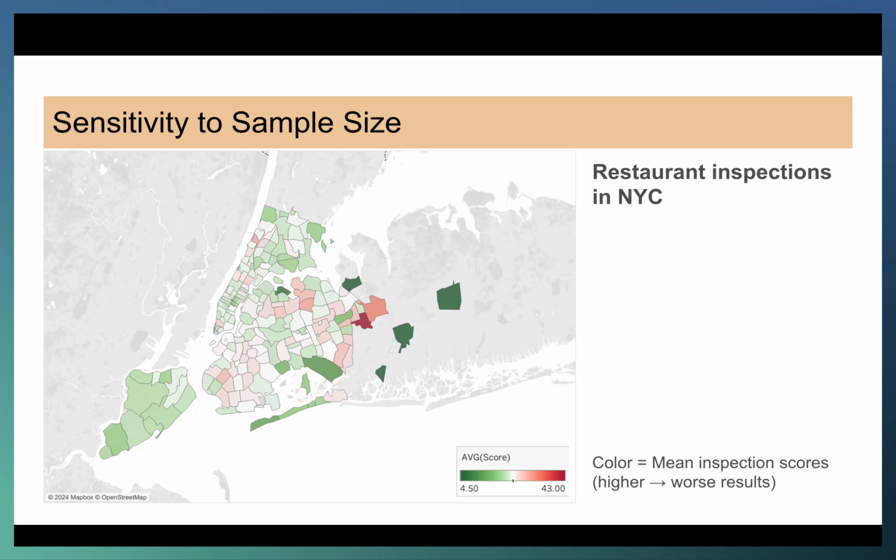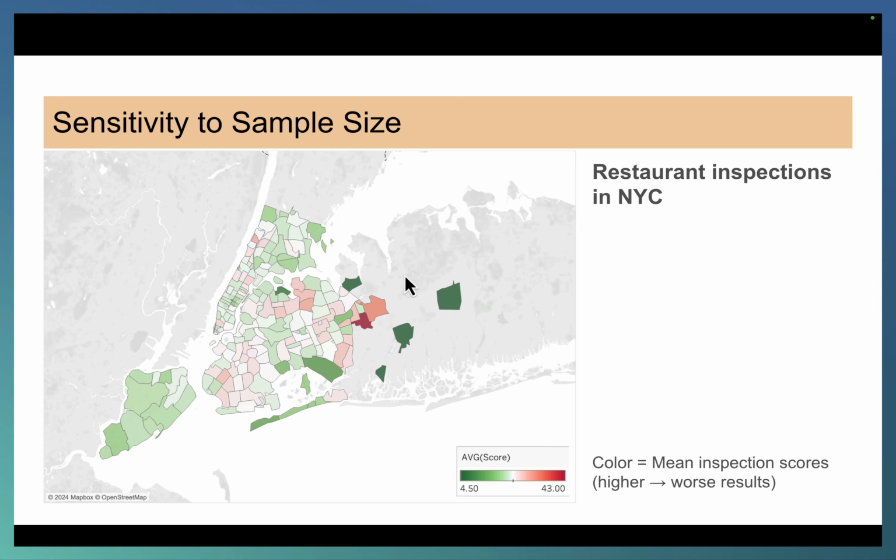So if you were to show me this map, my first gut reaction, my first instinct is to say, oh, something is going on in this region here where the scores tend to be much lower than usual.